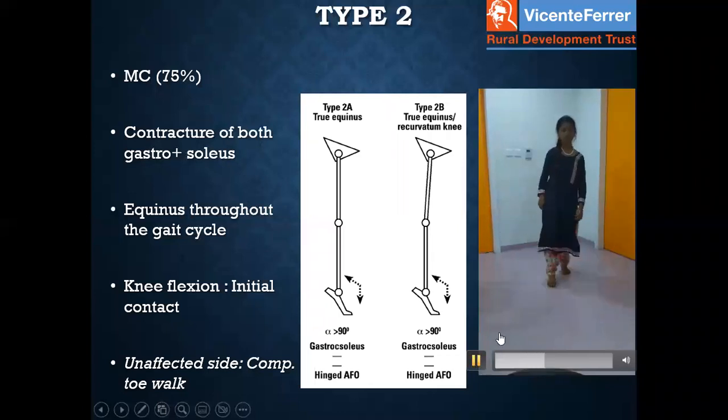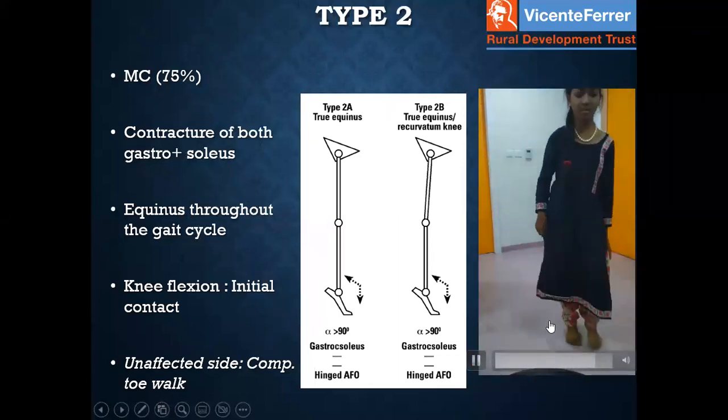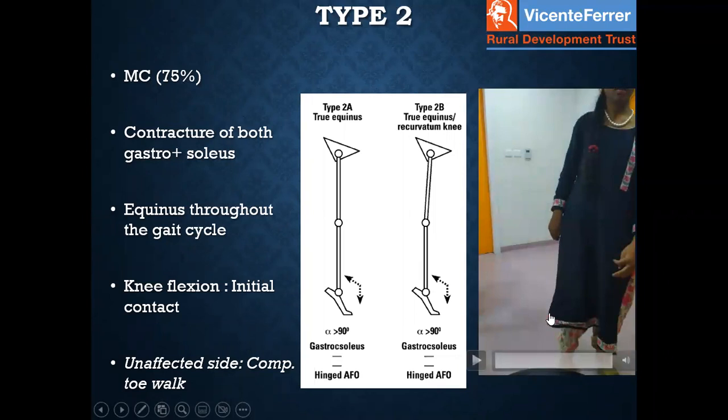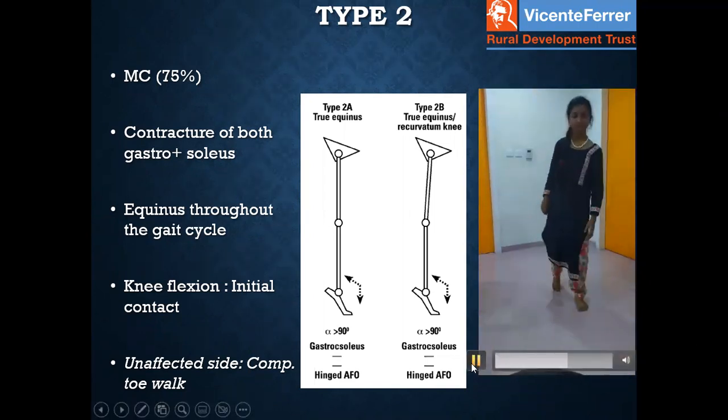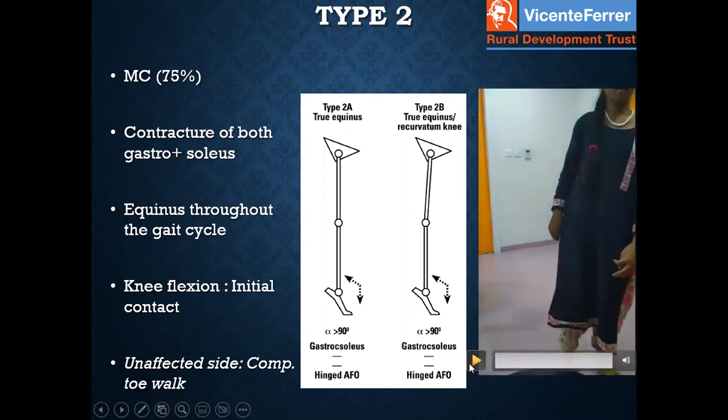Yeah. So on the right side, what's happening? What are the prominent features one can observe? It's a circumduction gait, sir. Right, before naming it, dragging the foot in a semicircular manner.